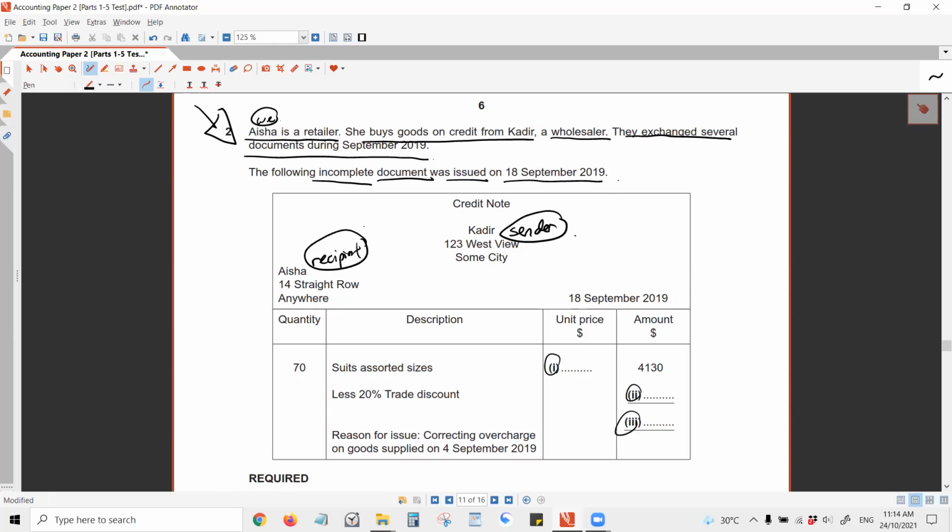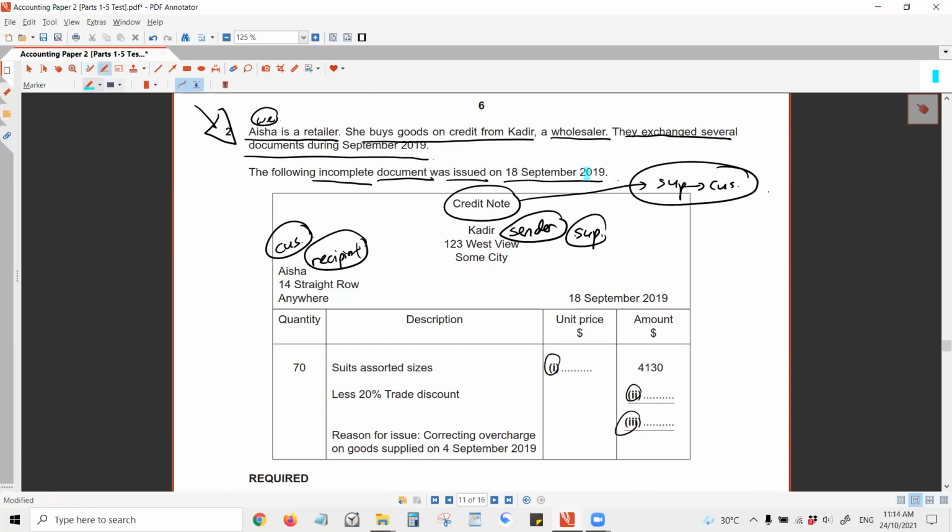Next, to let you remember who is supplier and customer, a credit note is always sent by the supplier to the customer. So Cardew is supplier, Aisha is customer. This is a very important fact here.